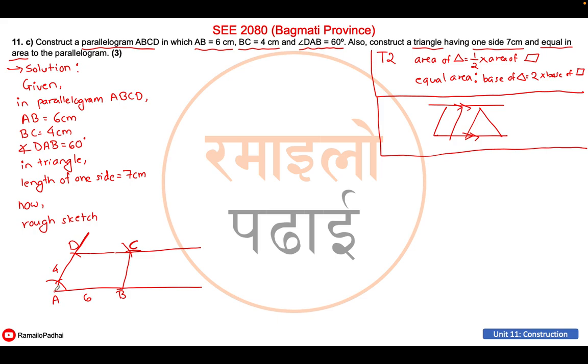We will measure AB with the compass and mark the point here from B, and this point will be E. So BE will also be 6 centimeters and AE will be 12 centimeters. Fine. Now from E we will measure 7 centimeters, that is one side of the triangle, with the compass and mark here. This will be F.